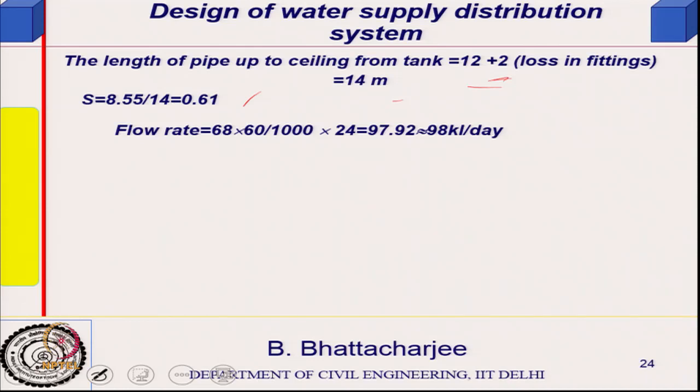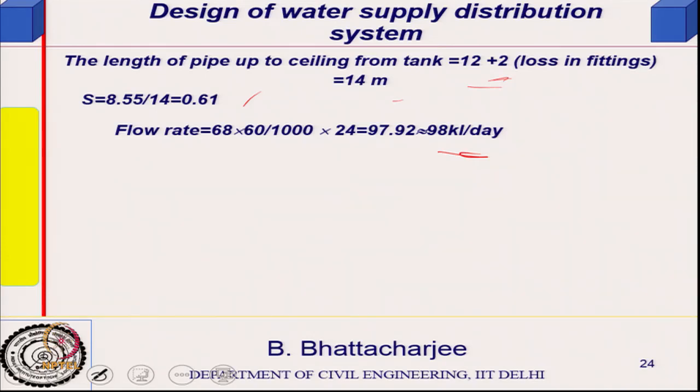Flow rate is 97.28 kiloliters, that is 68 into 60 divided by 1000. How does it come? Kiloliter per day, flow rate was 68, right, 1000 into 24 hours. So multiplied by 24 hours, because we want to calculate per day from per hour.